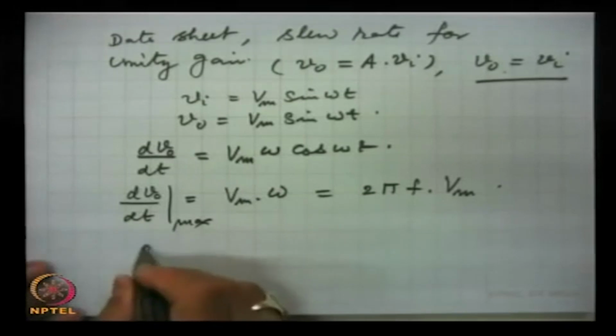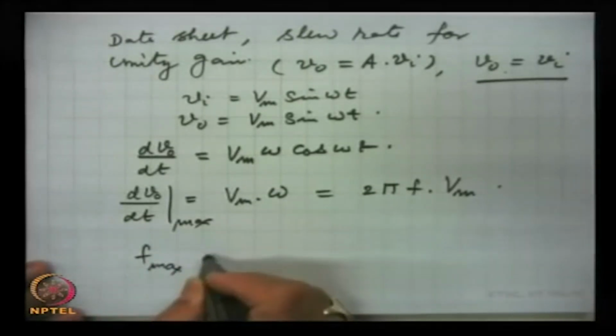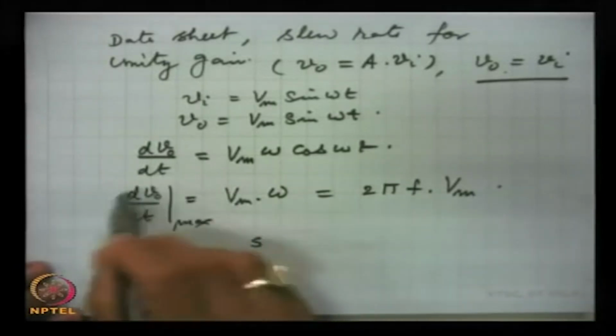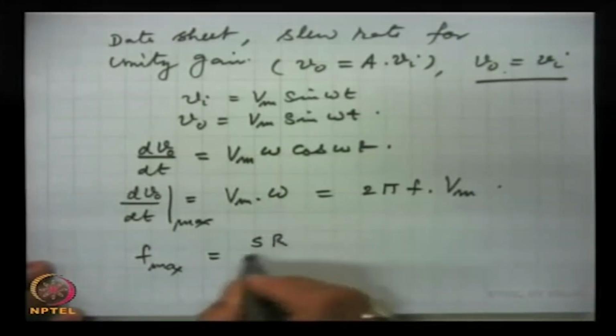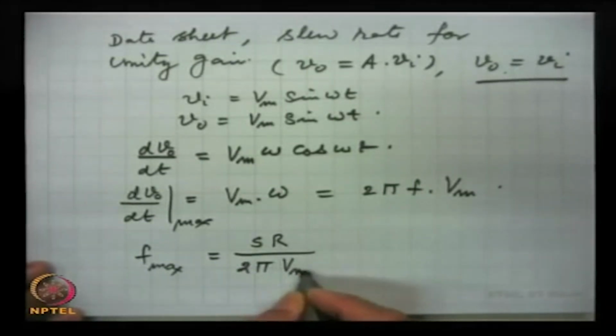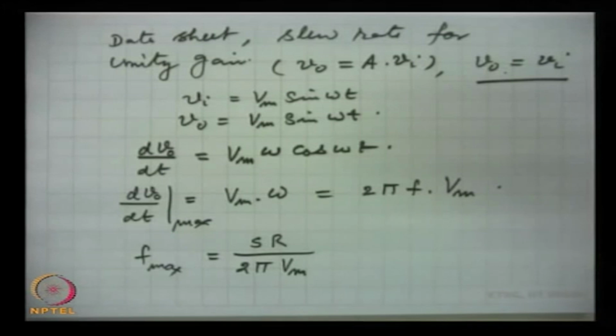So, f max comes out to be slew rate SR by 2 pi Vm.